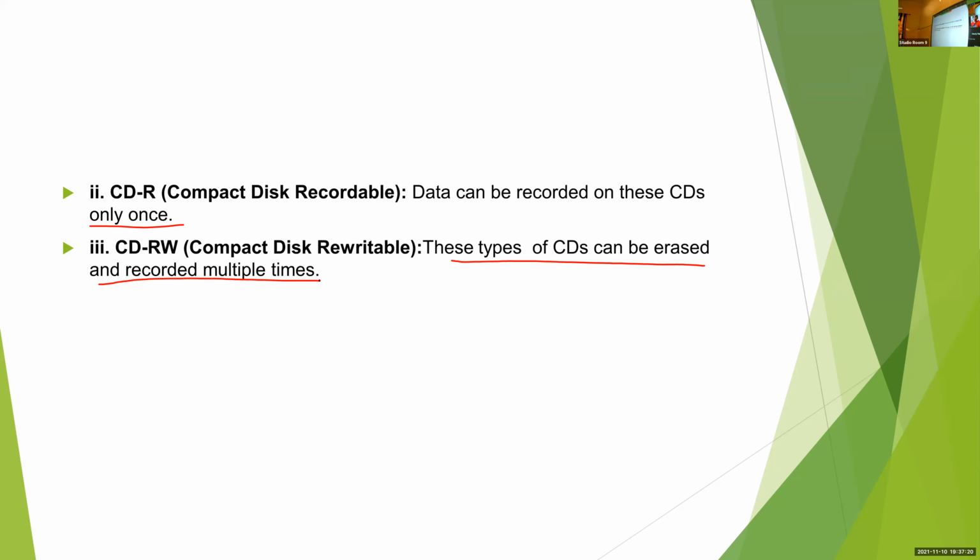Just like when we use a normal pencil in our notebook, we can write the data using a pencil, and after erasing, we can write again and again in that notebook. Just like that, it is compact disk rewritable.